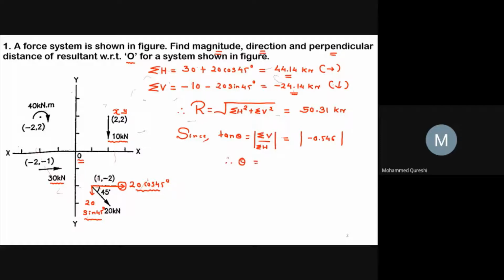Therefore, theta will be equal to 28.67 degrees. Here, in this example, the value of sigma H is positive and the value of sigma V is negative. Hence, our resultant will lie in the fourth quadrant.